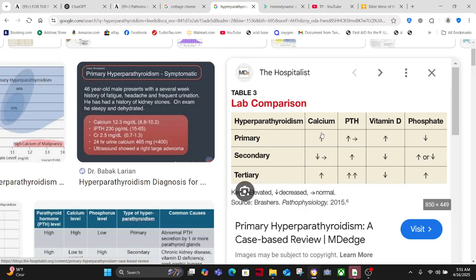So your intestines absorb the calcium, then it goes out of your intestines.